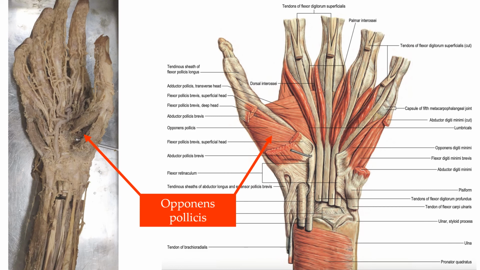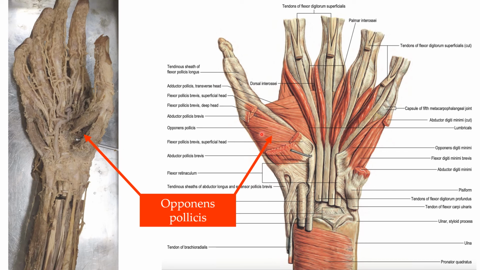Now, this illustration is to show you the location of opponens pollicis. In this illustration, flexor pollicis brevis and abductor pollicis brevis have been excised in order to expose the underlying opponens pollicis. This is opponens pollicis.